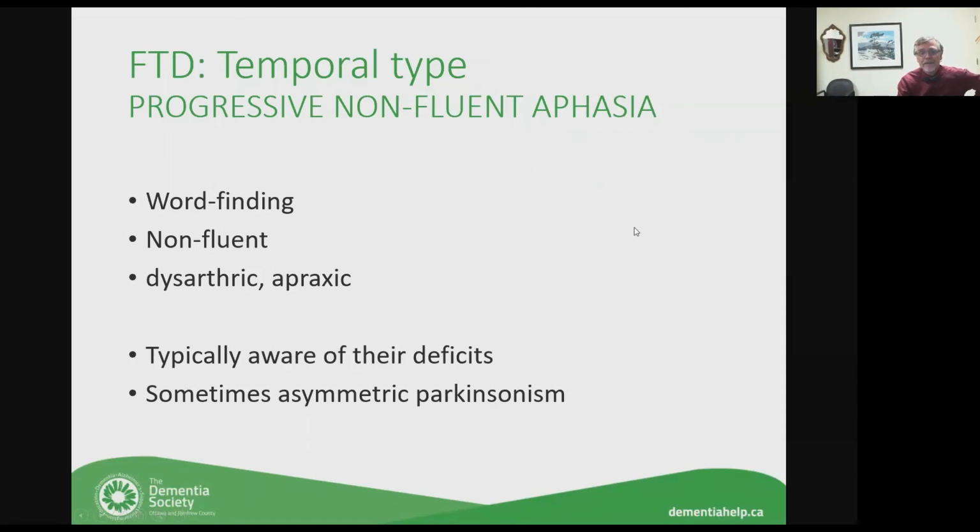And these people typically are quite aware of their difficulties. They'll say, I used to be really good at public speaking. Now, when there's 3 people in the room, I can barely tell a joke, right? And so they're usually quite aware of their challenges.